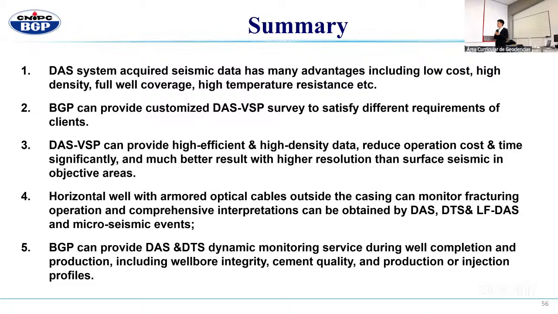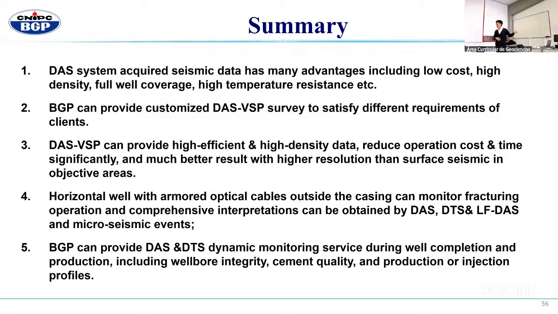They have different principles. DAS is based on Rayleigh backscattering, but DSS uses Brillouin scattering. This is a different principle. As I showed, this is not a very technical presentation, so I didn't explain more about the principles.